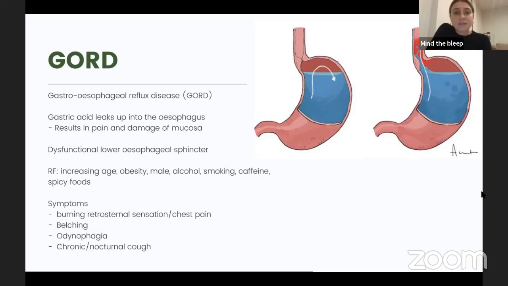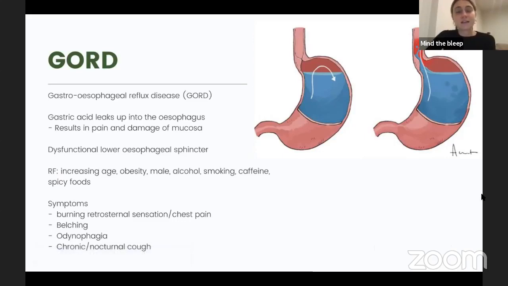That results in pain and damage of the mucosa in the esophagus, because essentially the mucosa in the esophagus is not well suited for the acidic environment. This is why in normal people the gastroesophageal sphincter should be tight to prevent acid reflux, because the stomach lining is way better suited to deal with this acidic environment.